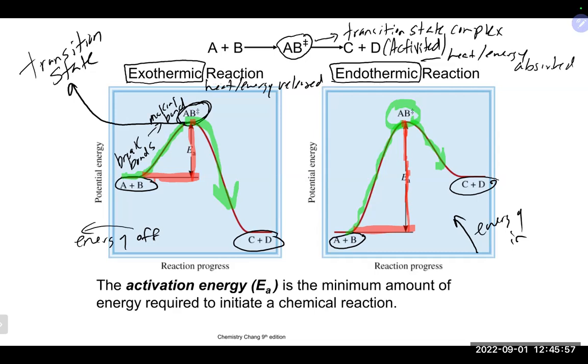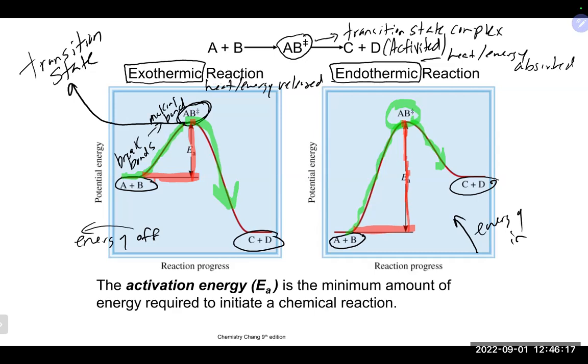I could get up and over to the other side. I have a lot more energy to do that. So by increasing the temperature, what we're doing is providing a lot of energy, which gives a greater proportion of reactant molecules enough energy to hop over to the other side. The result of that is we see the reaction should occur a lot faster.